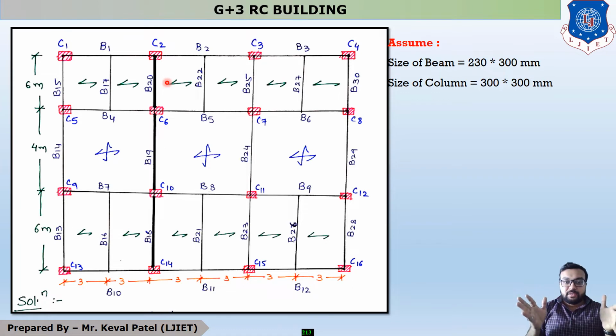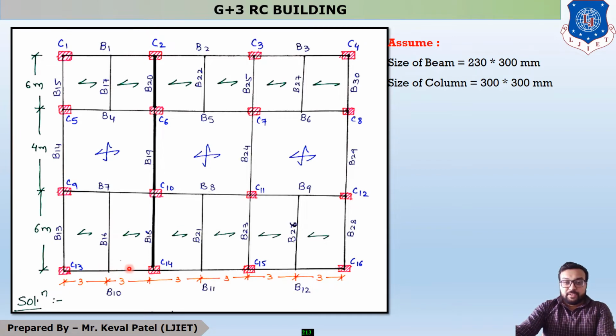It means on beam B18 or beam B20, half of the load is coming from the left side slab and half of the load is coming from the right side slab. Now, what is this length? You can see that this length is 3 meter.